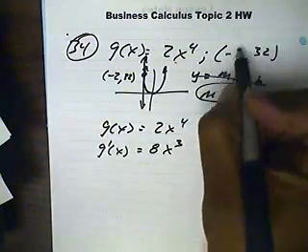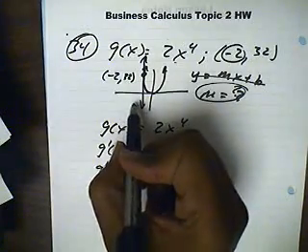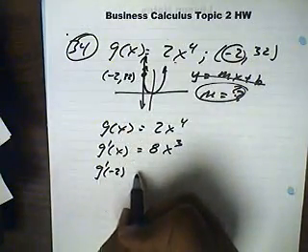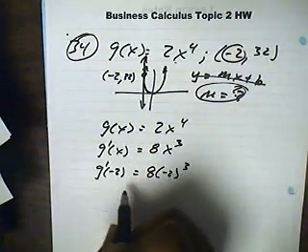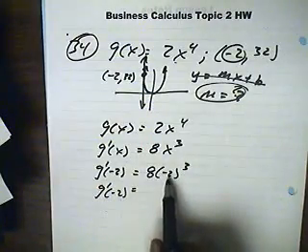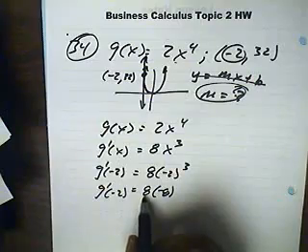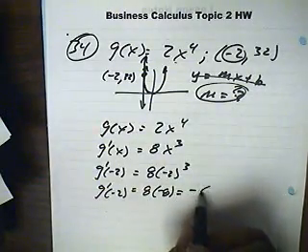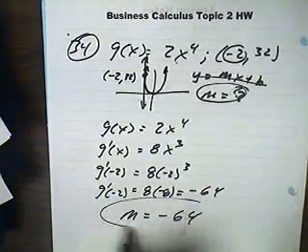Now we put x equals -2 in here to find the slope at x equals -2. So we get 8 times -2 to the 3rd power, and -2 to the 3rd power is -8. 8 times -8 is -64. So that's the slope, -64.